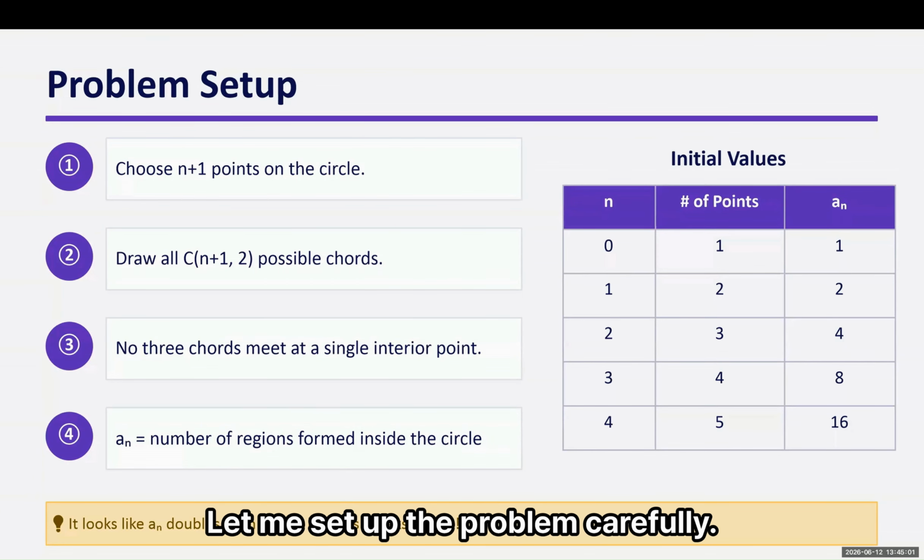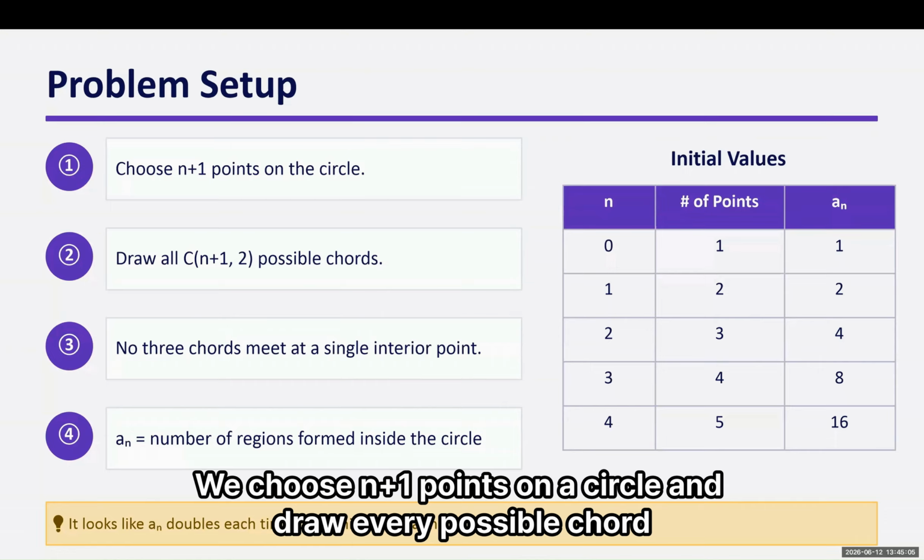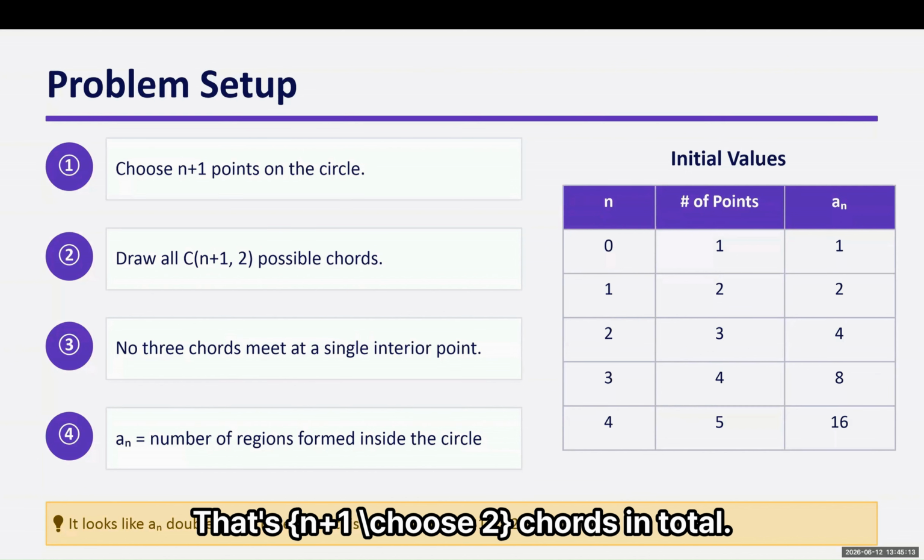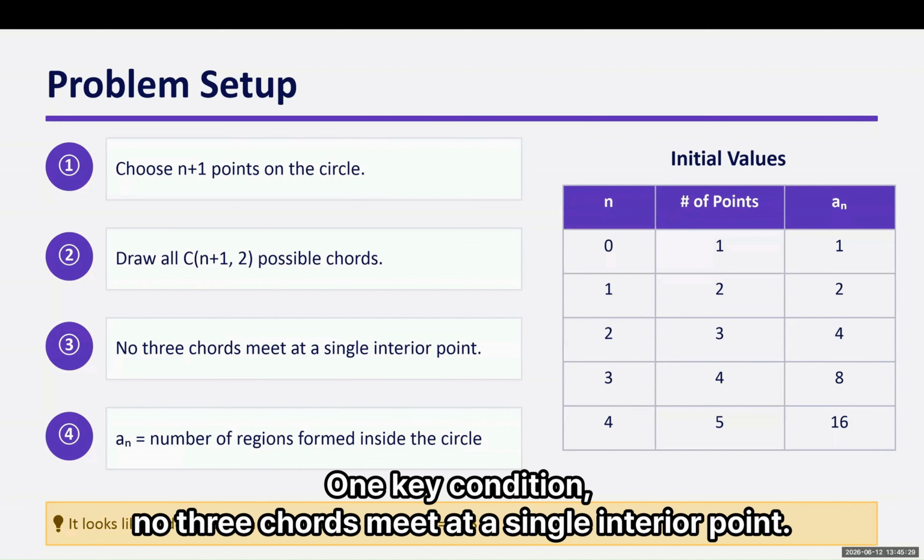Let me set up the problem carefully. We choose n plus 1 points on a circle and draw every possible chord. That's n plus 1 choose 2 chords in total. One key condition, no 3 chords meet at a single interior point.